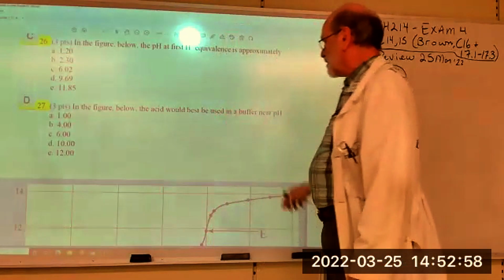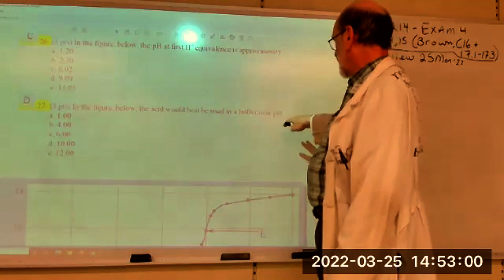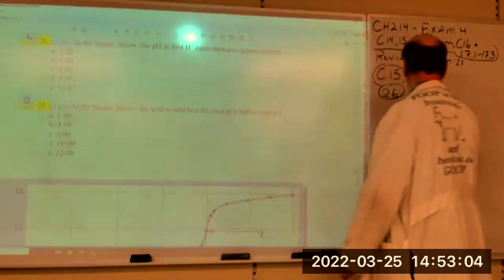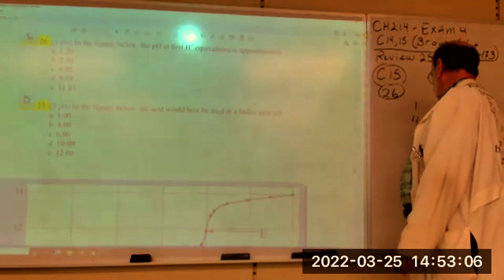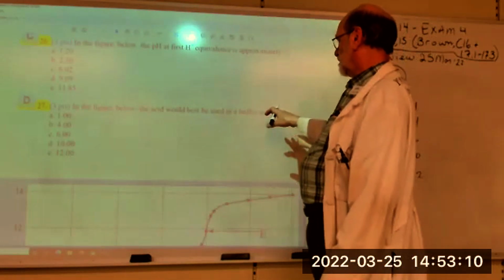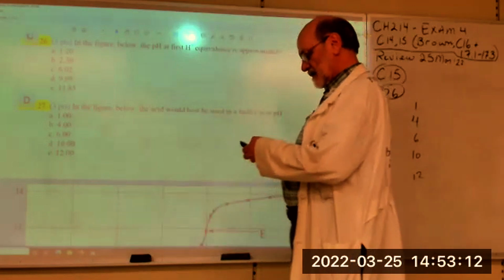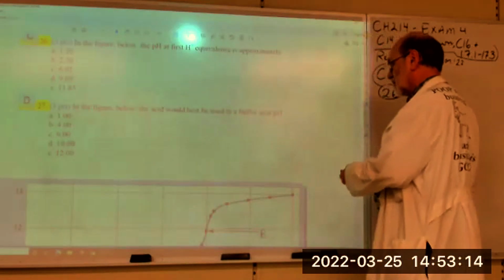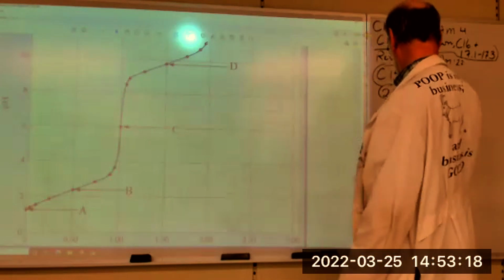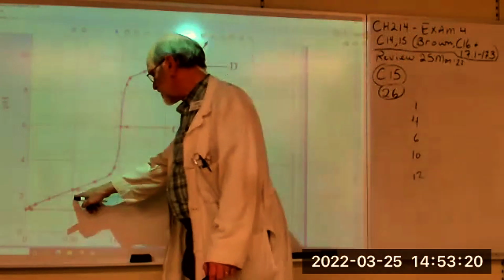In the figure below, the acid would best be used in a buffer near pH. So 1, 4, 6, 10, 12. If we want to make a buffer out of it, we need to find this region in here.